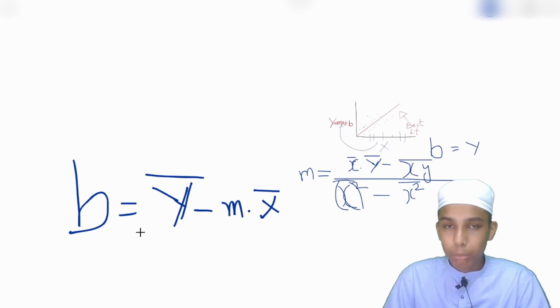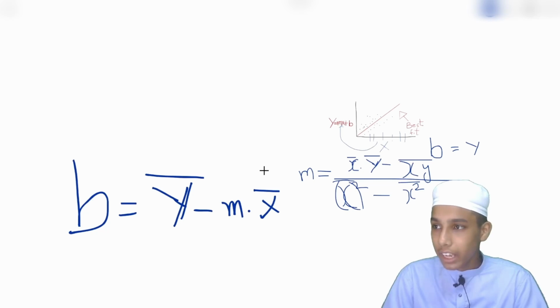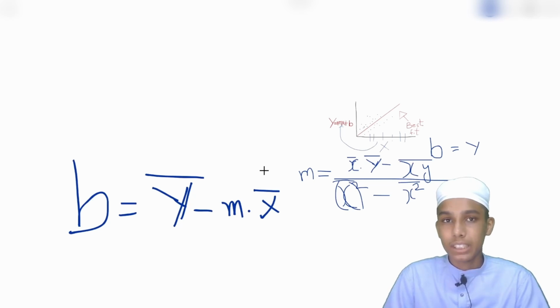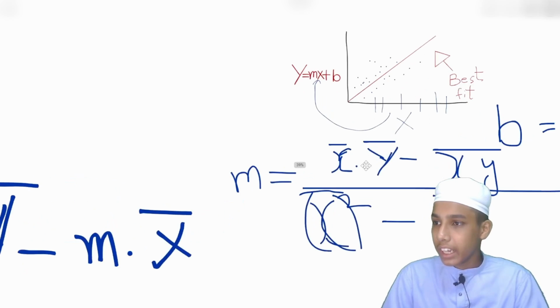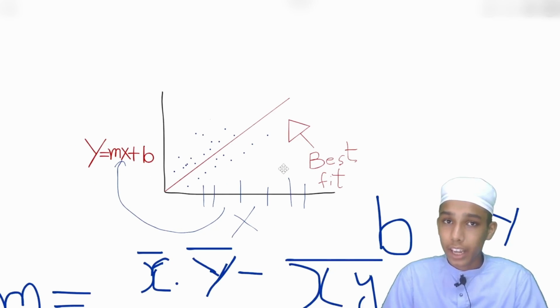So guys, this is how b is defined. With this, our equation y equals mx plus b is solved. This is how these equations are solved, and this is how we define our best fit line.